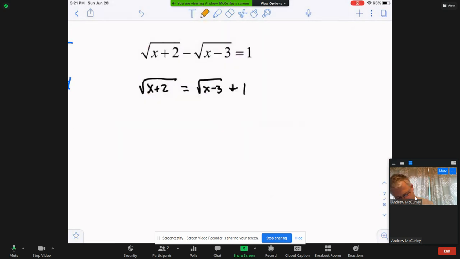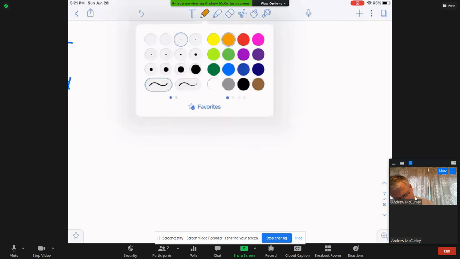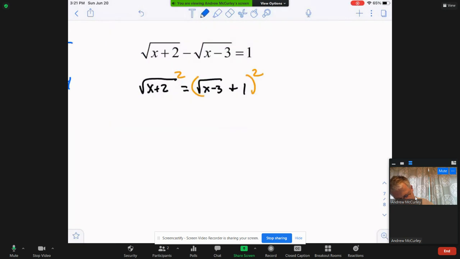Now it's time to square both sides. I'll square this side, and I'll square all of this side. So now this is x plus 2. This becomes, you've got to use that same pattern. So square root of x minus 3, square root of x minus 3.